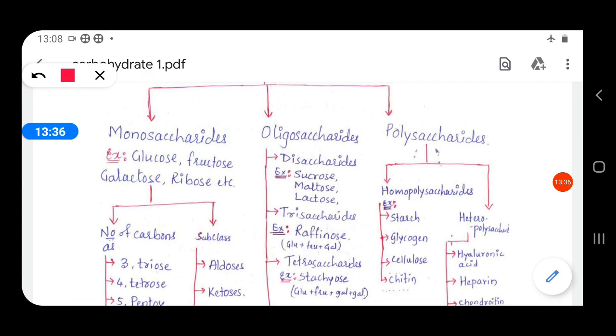One is glucose, another one is fructose. Maltose on hydrolysis gives 2 glucose units. Lactose on hydrolysis gives glucose and galactose as monomers. So these all yields 2 monomer units on hydrolysis. So they are called disaccharides.